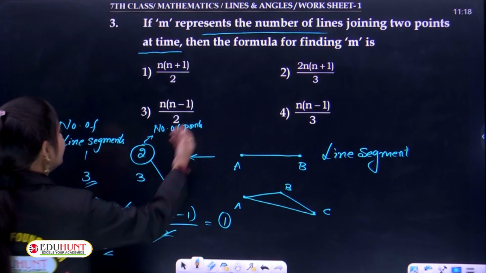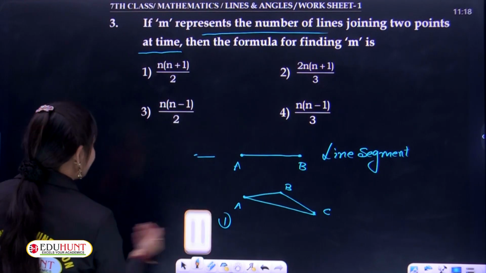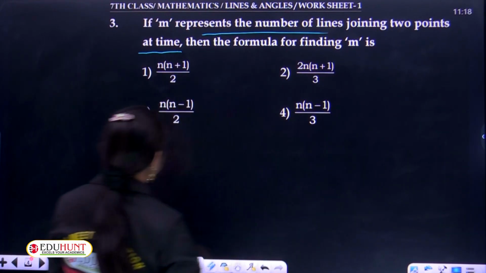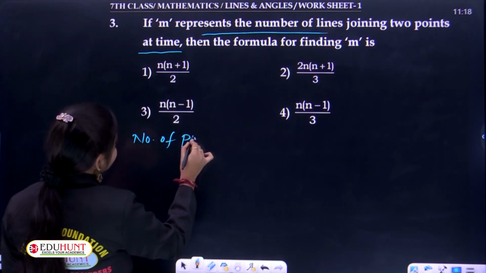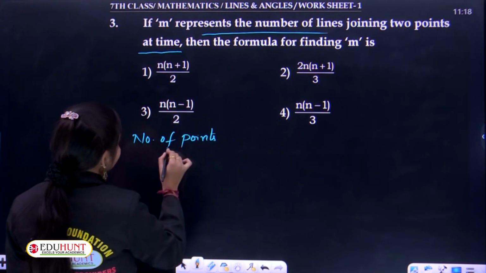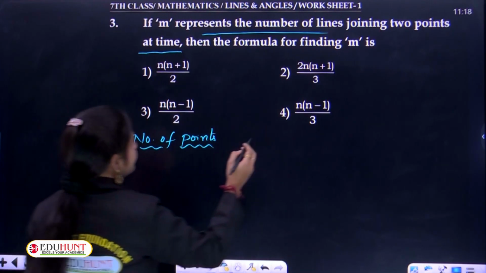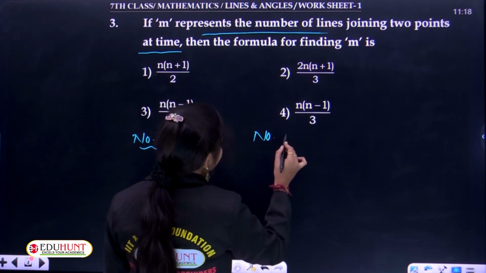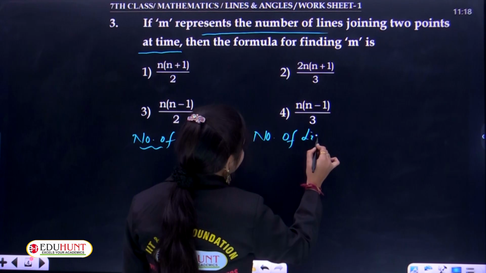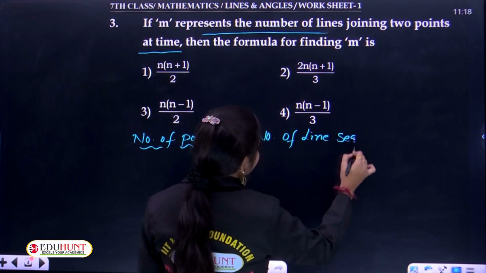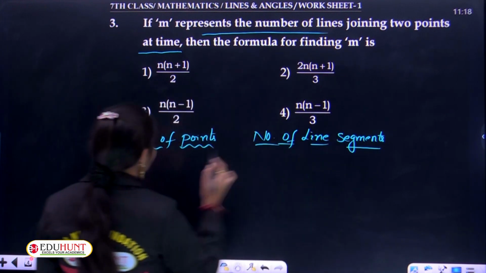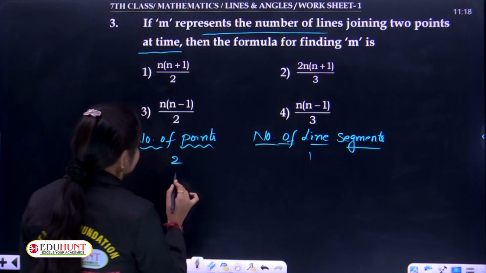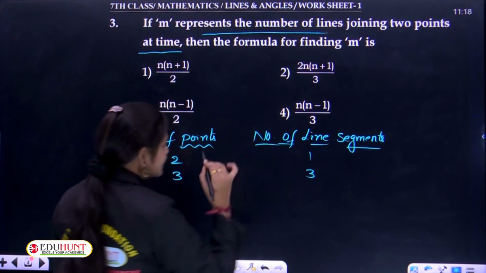Now see here. As per this condition, number of points, number of line segments. 2 points, 1 line segment. 3 points, 3 line segments.